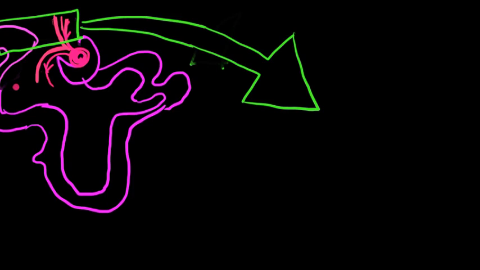So what is basically happening is, this would be your distal convoluted tubule cross section. Then you would have your afferent and efferent arteriole, as I mentioned. Here would be your afferent arteriole, correct?